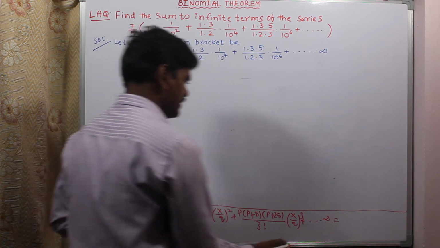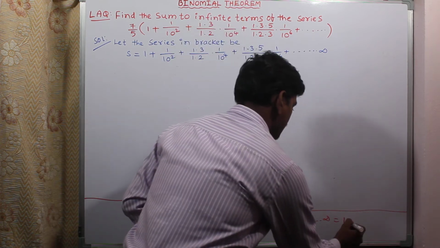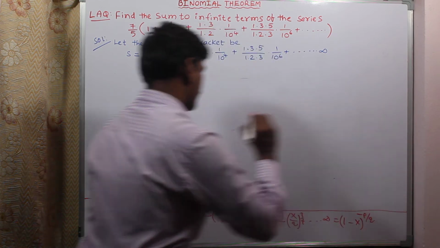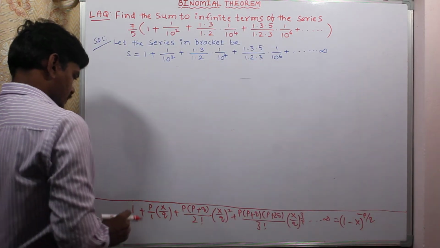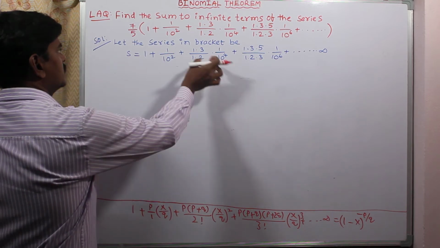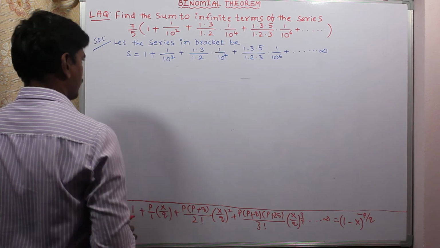This infinite series can be written in the form of binomial with rational index as 1 minus capital X whole power minus p by q is the formula. After recalling this formula, now try to convert the given series into exactly the formula form.